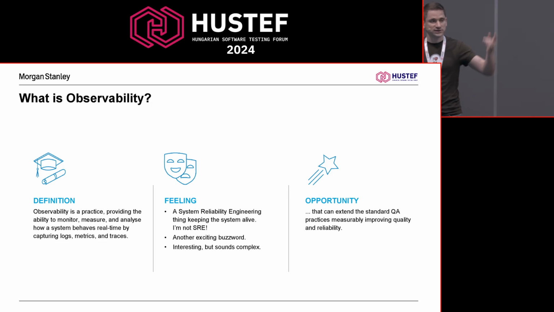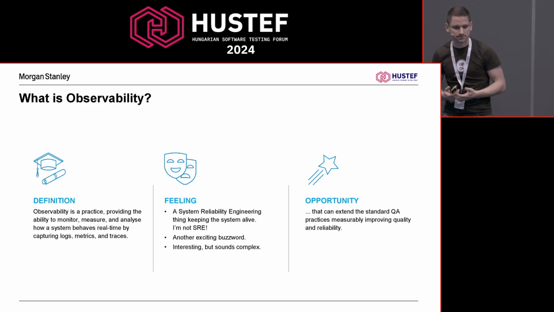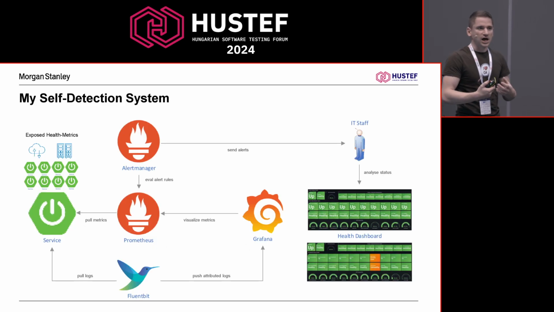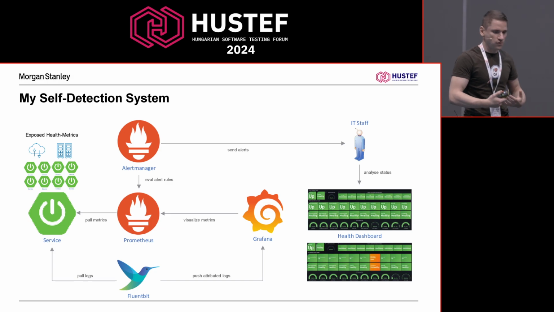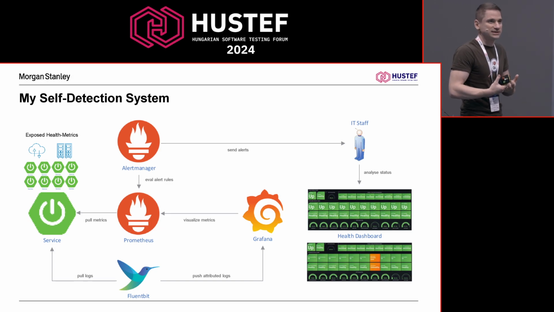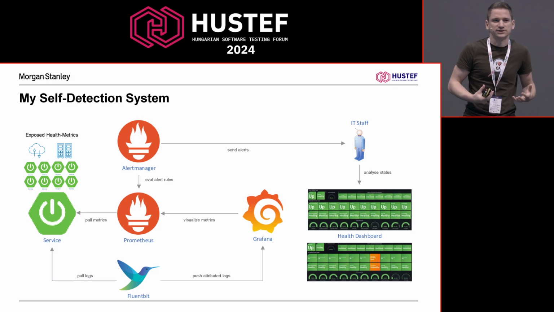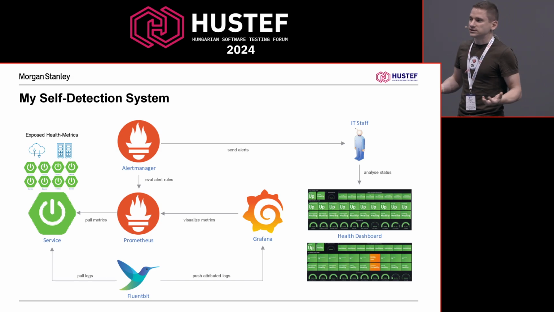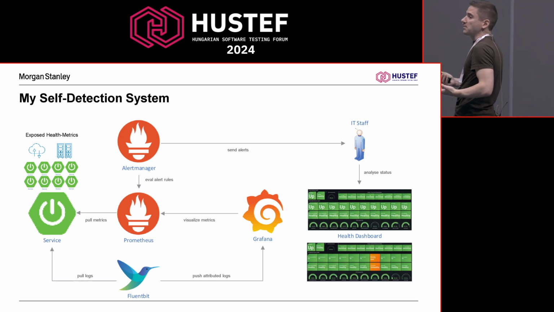So I did the same for setting up my self-detection system. What does it mean? I designed this solution to make my system able to recognize about itself if it has become unhealthy.